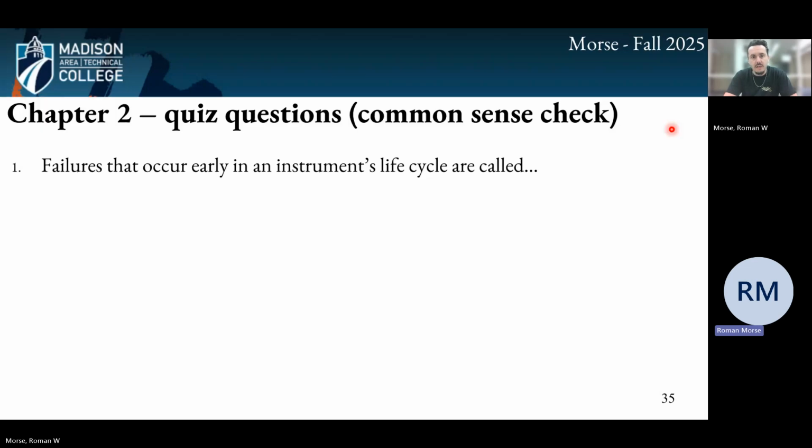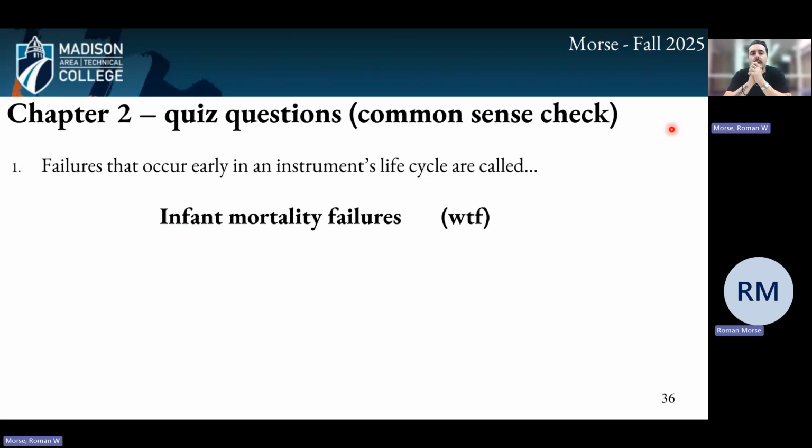So this is, again, just kind of a common sense check. Failures that occur early in an instrument's life cycle are called, this name is crazy to me, an infant mortality failure. I'm going to call it an early life cycle failure or something like that.